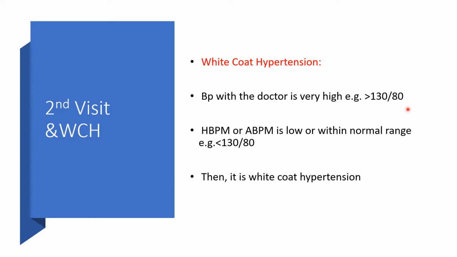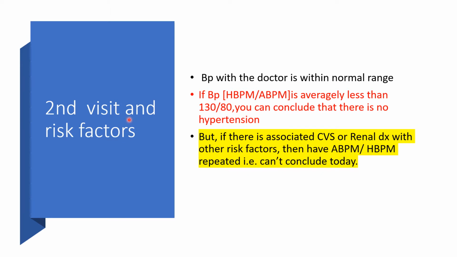But there's another entity known as masked hypertension. We'll get into that in a bit. This is the second visit, and the BP with the doctor is within normal range. If the average of home BP and ambulatory BP is less than 130/80, then you can conclude that the three figures, normal office BP, normal home BP, normal ambulatory BP, second visit, right?